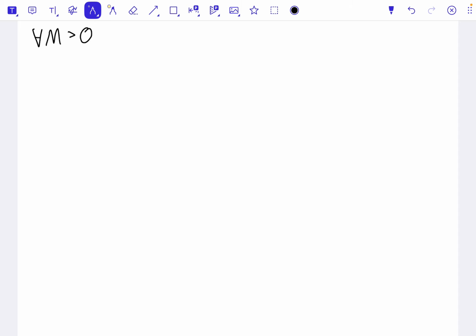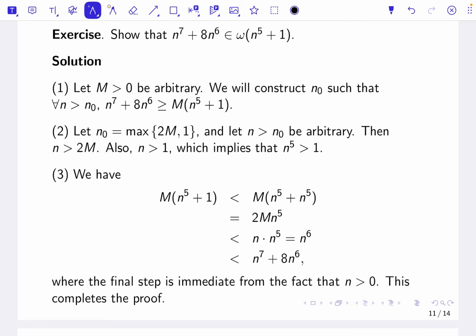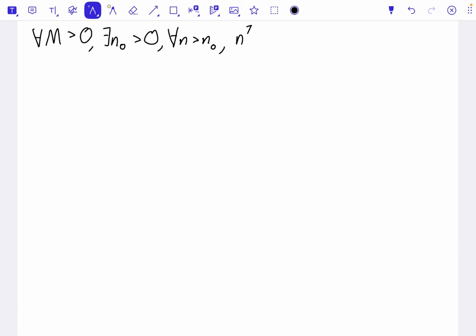So remember, it's for all m greater than 0, and the rest is the exact same as the definition you already know. Now, which symbol are we using again? Okay, big omega. So n to the power of 7 plus 8n to the 6 will be shown to be greater than n to the 5 plus 1.